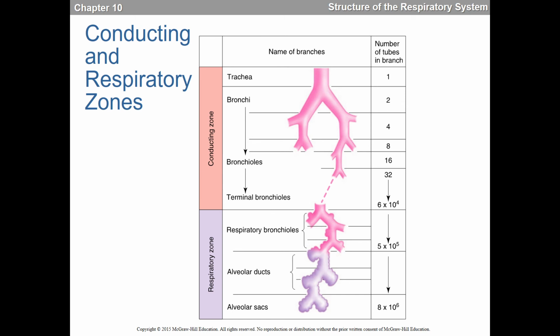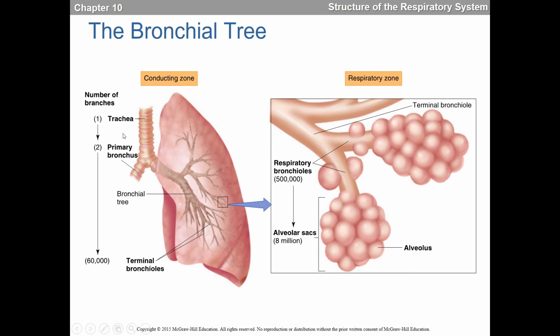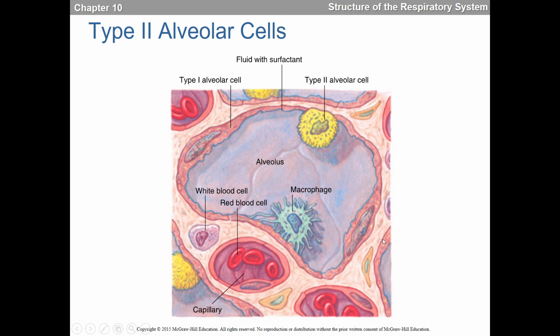Those are interesting things to calculate, but I don't find it abundantly important for you to know that. Again, here, just the conducting zone, respiratory zone, and here's our alveoli. And just keep in mind that there's a lot of them going on there.